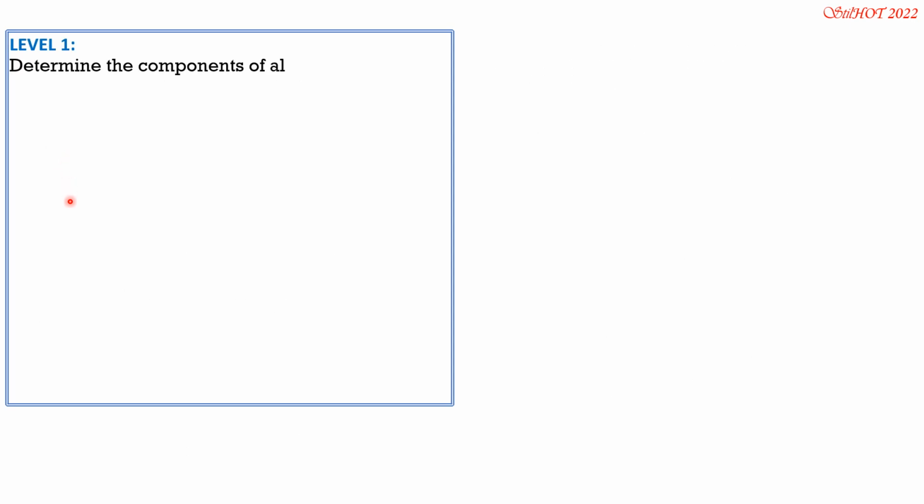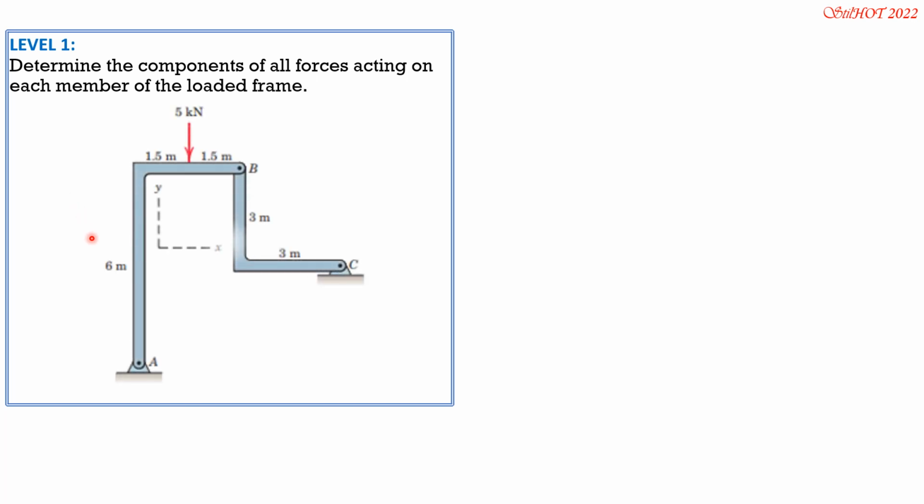Determine the components of all forces acting on each member of the loaded frame. Normally, two-force bodies are found in frames. We'll have more on this on frames when we reach analysis of structures. For the meantime, let's only consider problems where there are two-force rigid bodies.